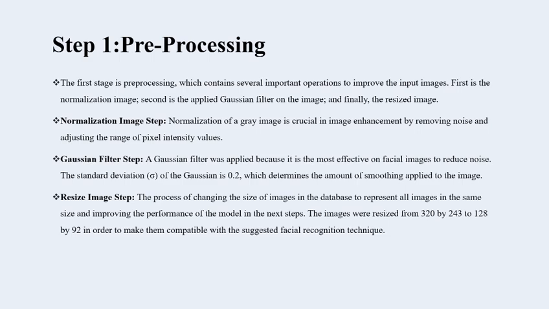In the normalization step, normalization of a gray image is crucial in image enhancement by removing noise and adjusting the range of pixel intensity values. Then, Gaussian filter step. A Gaussian filter was applied because it is the most effective on facial images to reduce noise. The standard deviation of the Gaussian is 0.2, which determines the amount of smoothing applied to the image.